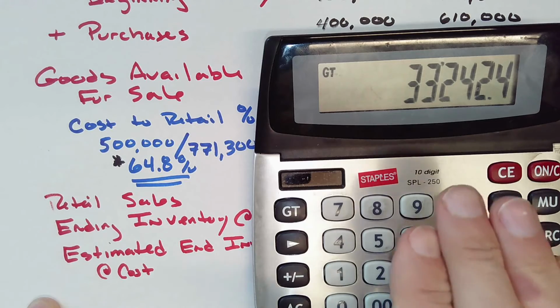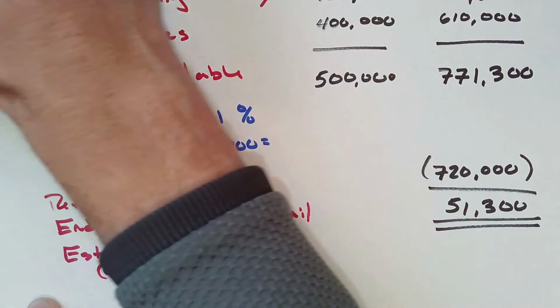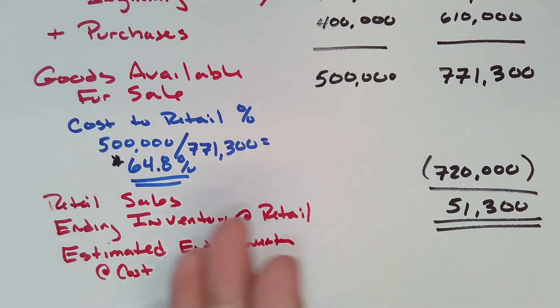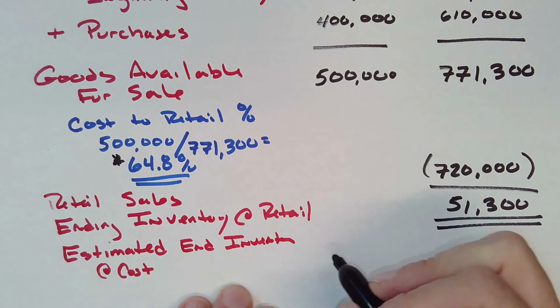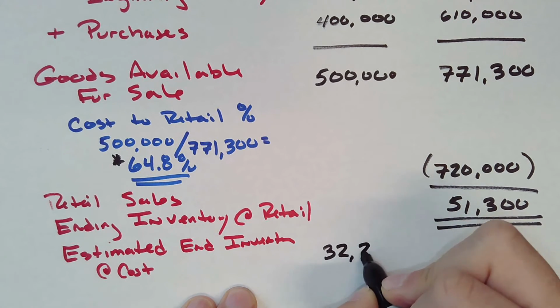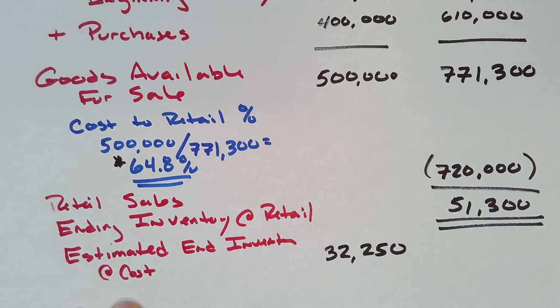So we're going to say $33,242. And I could theoretically round that up. I mean, it's an estimate. In fact, I think I will round it up. What the heck? 33,250. Okay. That is my ending inventory at cost.